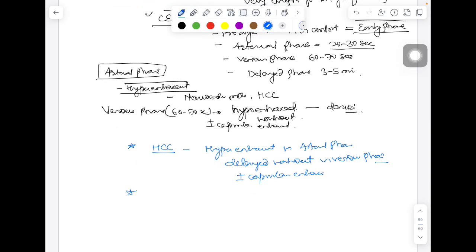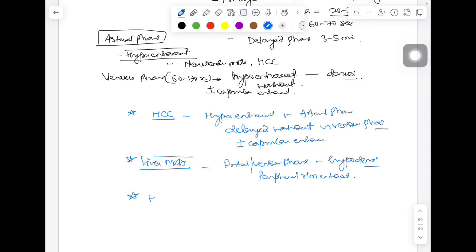But if we are looking for liver mets, HCC being a primary liver tumor, mets are best seen in the portal or venous phase as hypodense. Venous phase is hypodense, not hyperdense. Okay, and peripheral rim enhancement.